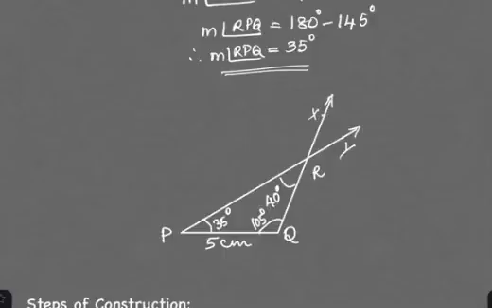We have triangle PQR. The baseline PQ is 5 centimeters, which is given, and angle Q is 105 degrees. Angle R or QRP is also given, so 40 is here. Then 35 is what we calculated just now, so 35 is angle P. We shall start the construction now.